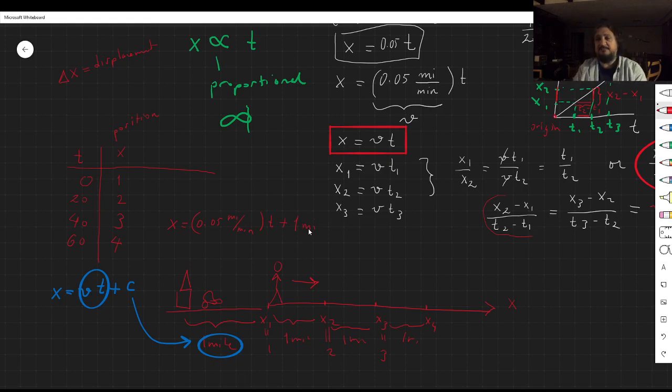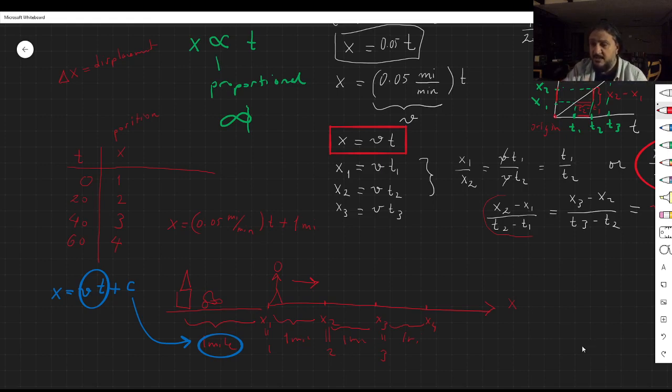And I haven't violated any rules about adding and subtracting regarding dimensions, right? Because the dimension of 1 mile is L, dimension of x is L, and the dimension of 0.05 times t is also L. Okay, I have my table.